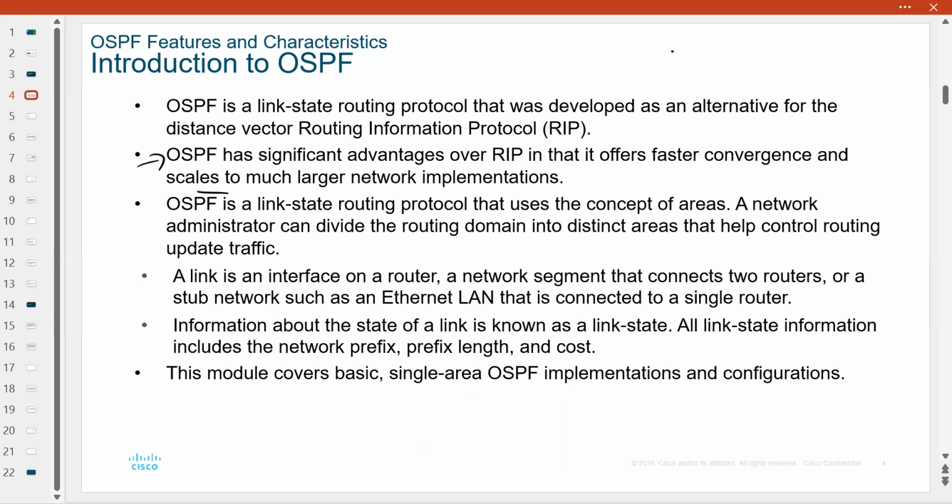With single area OSPF, it's like we are dealing with one small network. It's the same thing as dealing with one subnet, or one VLAN. The same concepts we have with IP subnetting and VLANs, the concepts of segmentation.